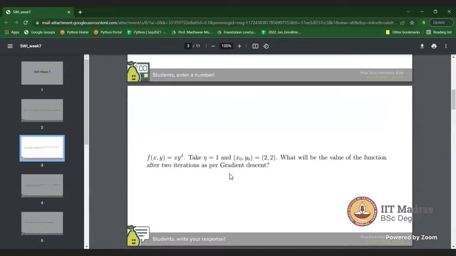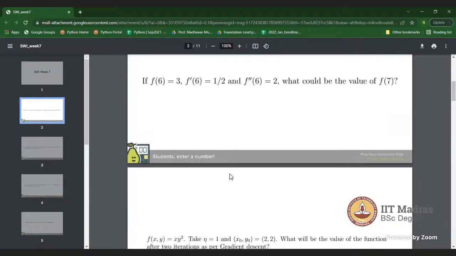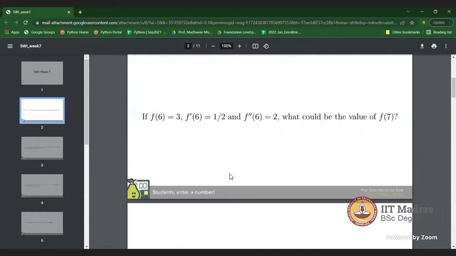Can we solve the first problem using linear approximation, if I do x minus 6? That could also be a way of solving it, right, sir? Since delta is not given, can I write f of 6 plus f dash of 6 into x minus 6 plus f double dash of 6 into x minus 6 the whole square by 2?